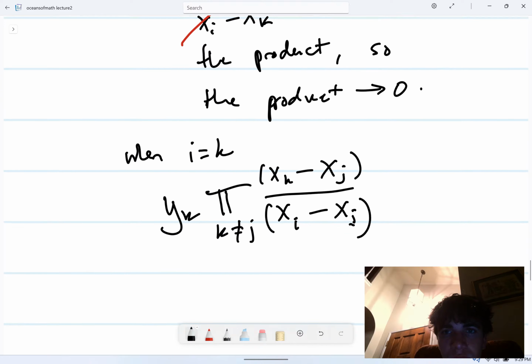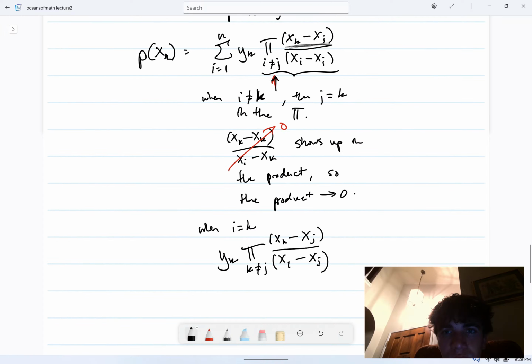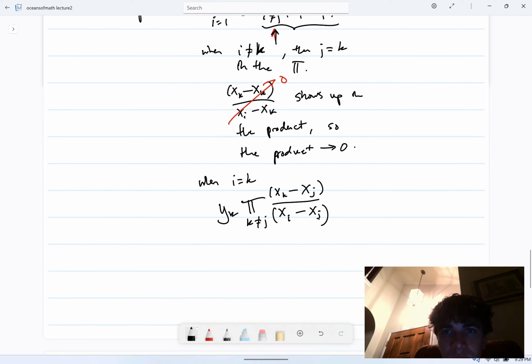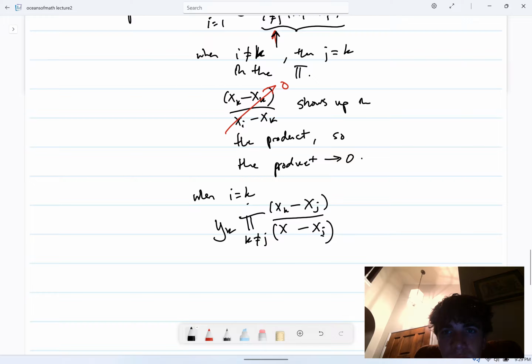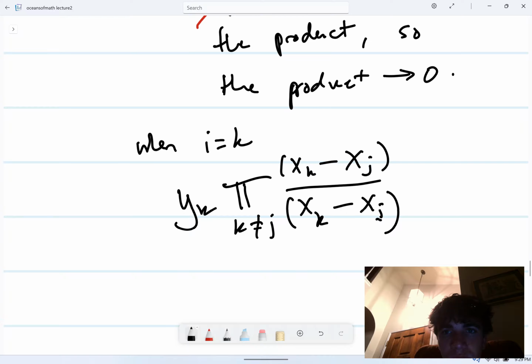Okay, and so what happens here? Let's see, this is very interesting. Notice I actually made a mistake here. So x sub i is gone now. Every i, we've chosen i equals k, and so this bottom term, x sub i minus x sub j, becomes x sub k minus x sub j.